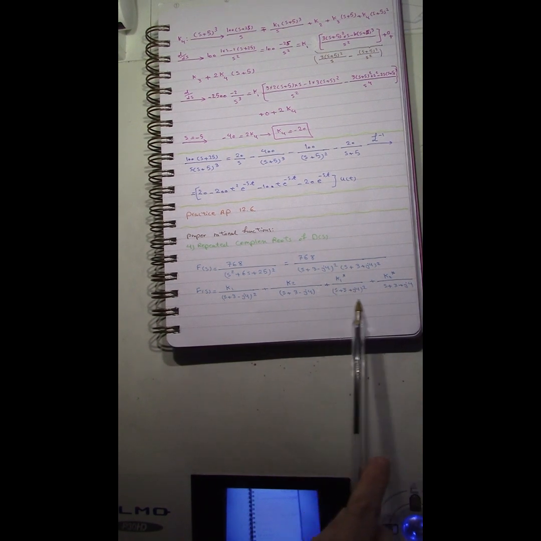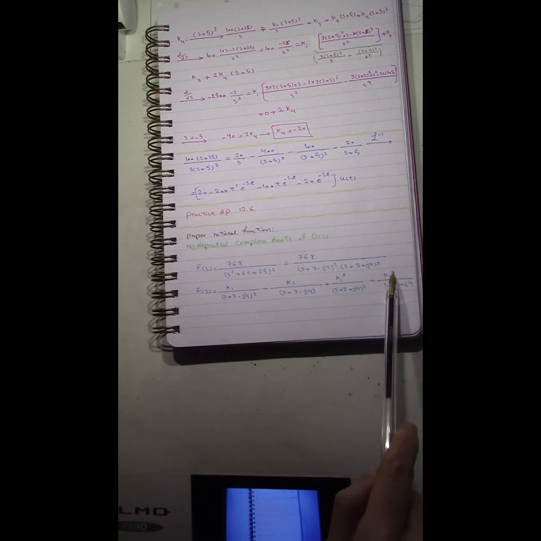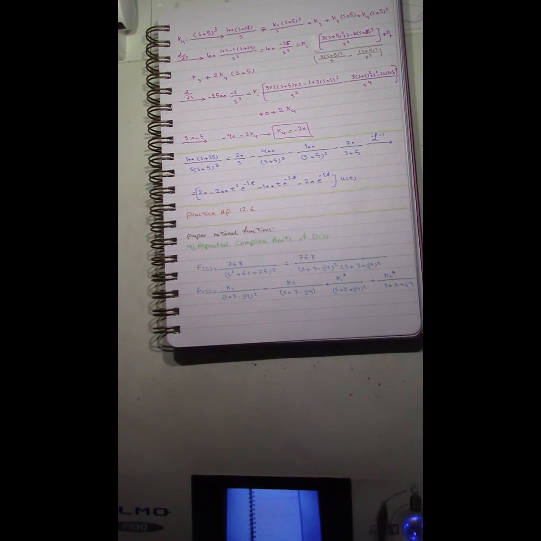So how about the denominator? Denominator is s plus 3 plus j4 whole square, plus K2 conjugate, not K4 anymore, and denominator is s plus 3 plus j4.